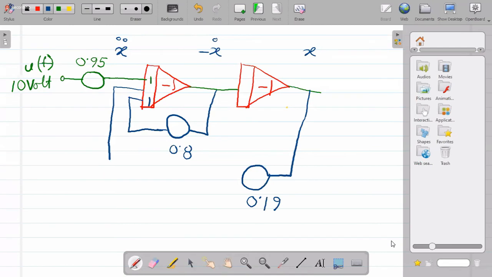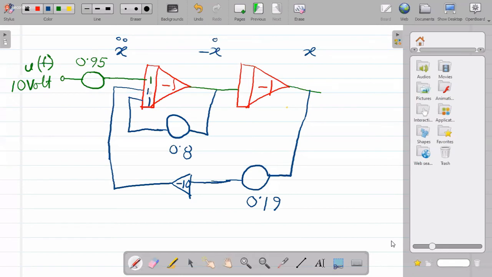So I have to go for 0.19. Inverter or no inverter? Yes, sir, it is needed. Okay, so what we can do is simply use an inverter with gain 10. See? So 1.9 we have achieved. Agreed?